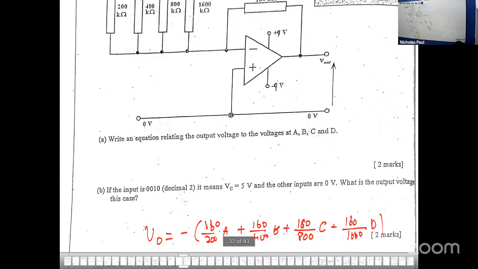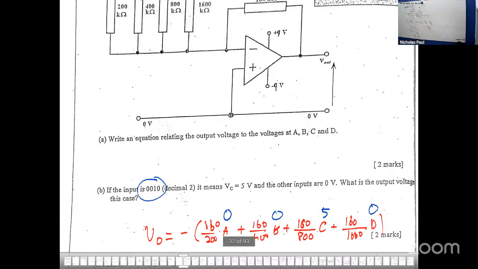In this example, A is 0, B is 0, C is 5, and D is 0.